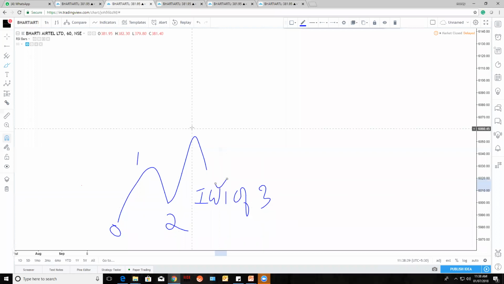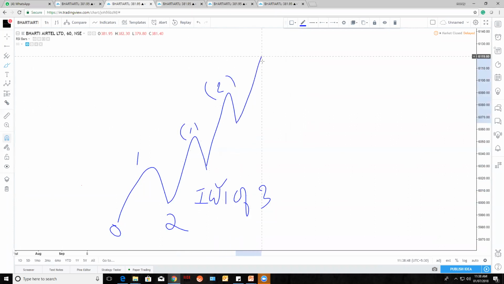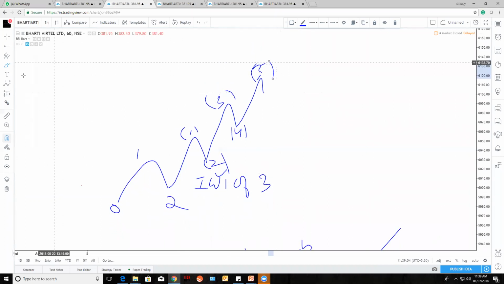What I mean, let's say here 1, this is 2, sorry, this is 2, third, fourth, and fifth. Then after this, let's say the fifth is 1, 2, 3, 4, and 5. It's a smaller 1, 2, 3, 4, and 5.